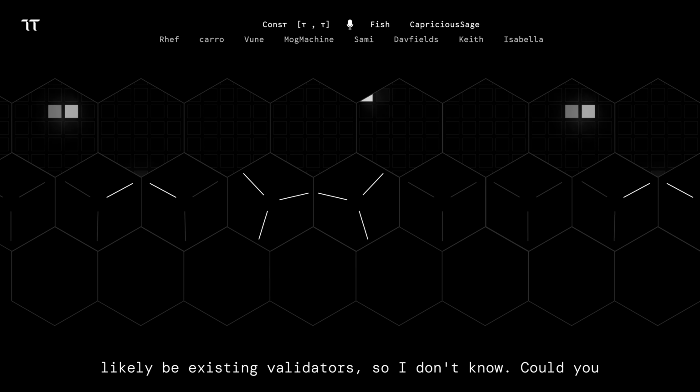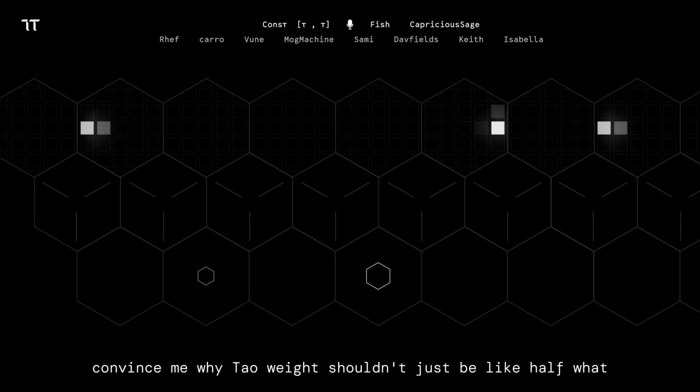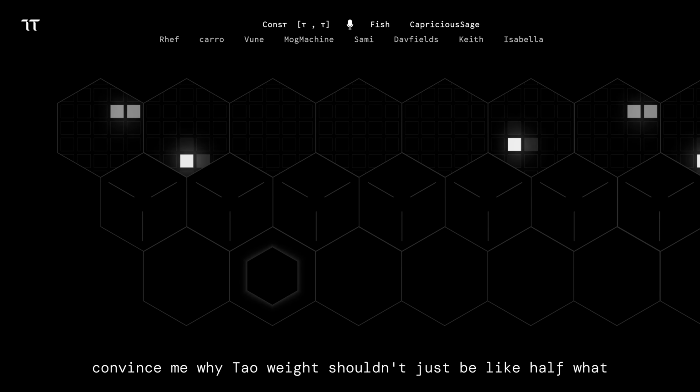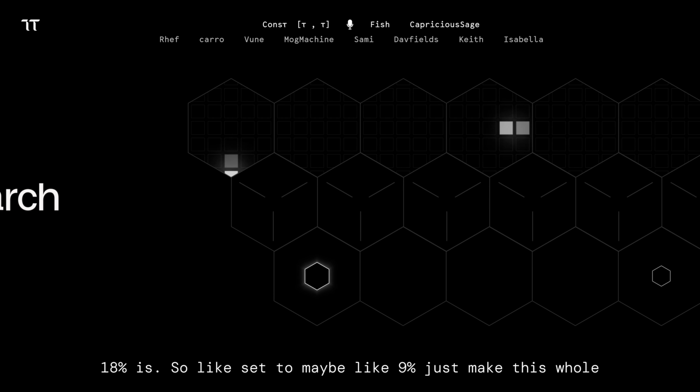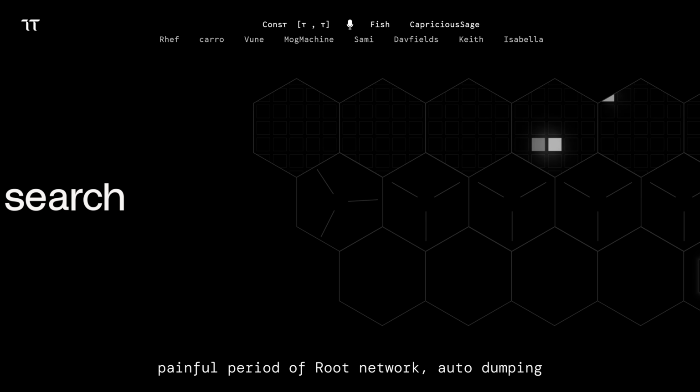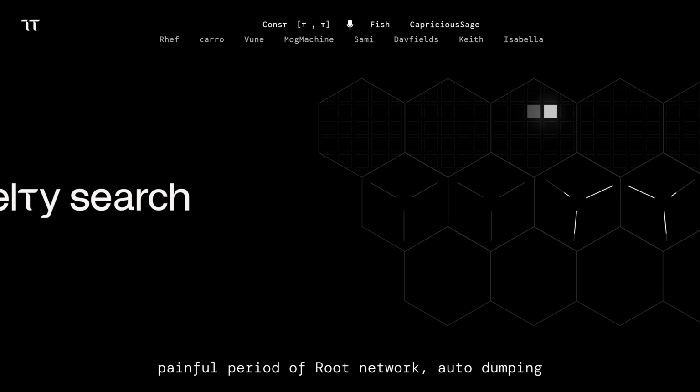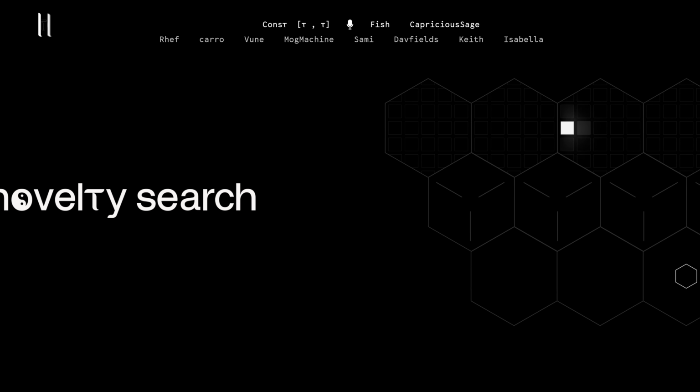So I don't know. Could you convince me why tau weight shouldn't just be half of what 18% is? So set to maybe 9%, just to make this whole painful period of root network auto-dumping shorter.